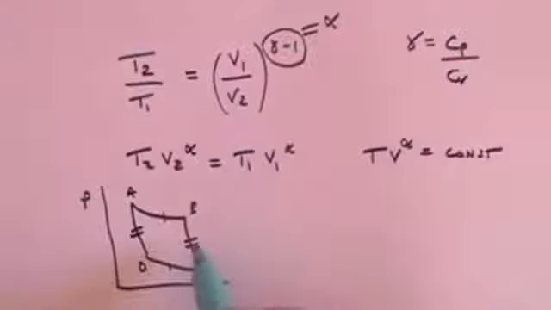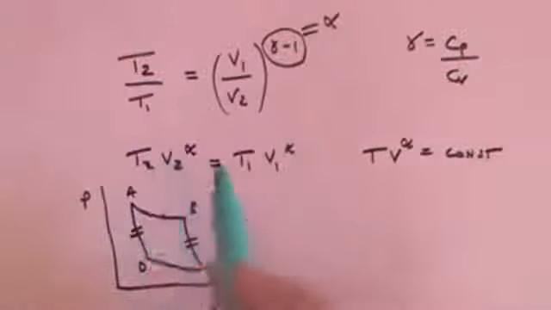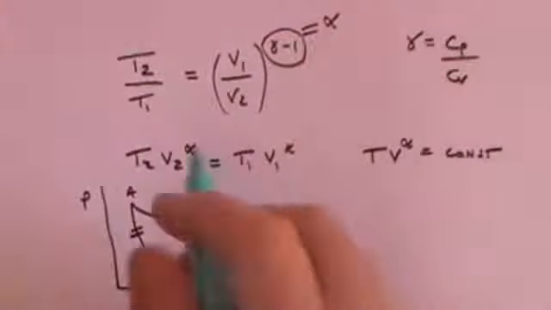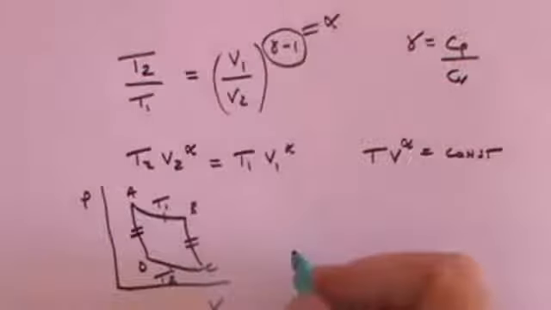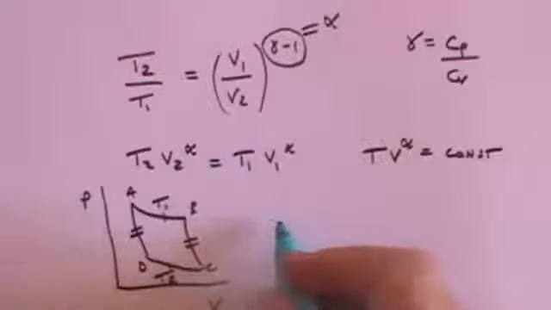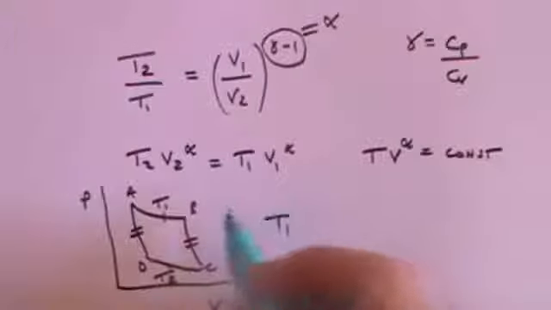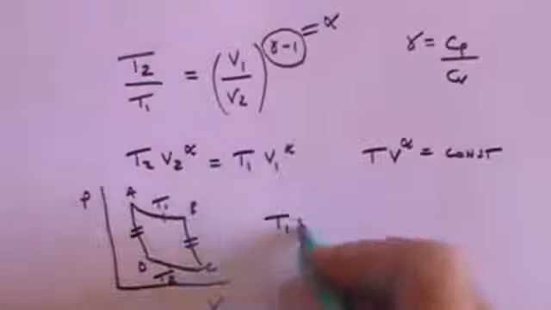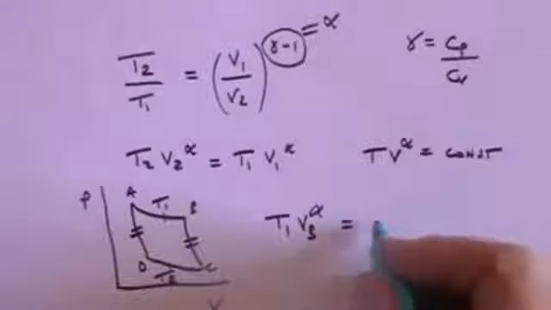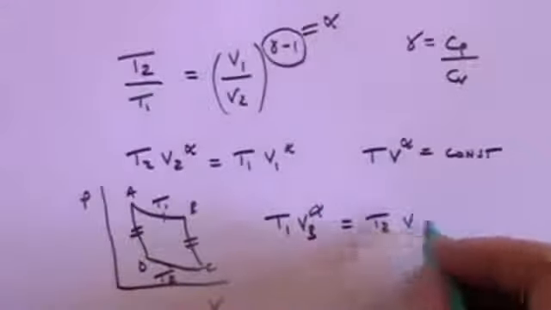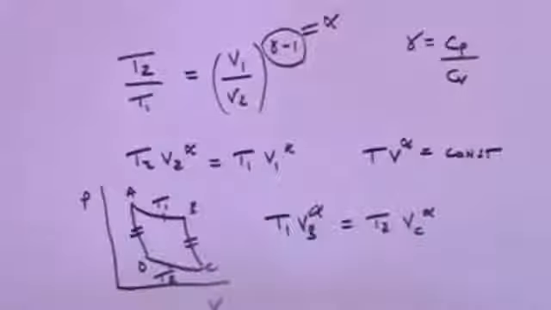And so for the adiabatic changes, this is valid. This occurred at temperature T1, this occurred at temperature T2, and so now you can say that T1 times the volume at B to the alpha is equal to T2 times the volume at C to the alpha.